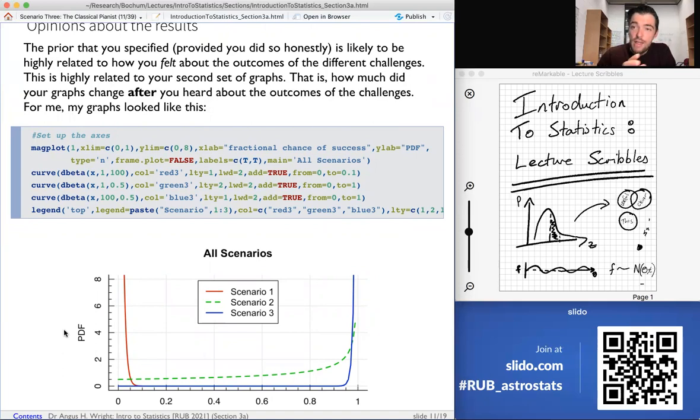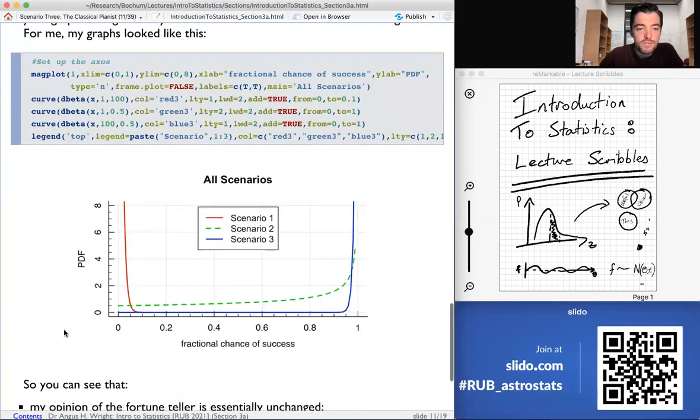However, let's put that one aside for a second and let's look at my other two outcomes. So after observing the scenarios, my feeling about how likely it is that these people were telling the truth has changed somewhat for these two distributions. So for scenario 2, our wine drinker, I now have totally flipped my opinion.